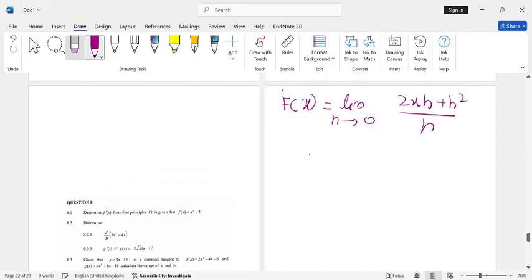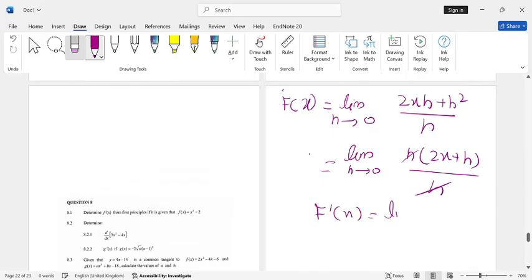So I'm going to simplify this by taking h common. We have h times 2x plus h over h. This h cancels with this h, and we get f prime of x equals the limit as h approaches 0 of 2x plus h.